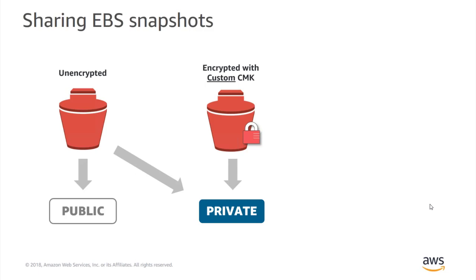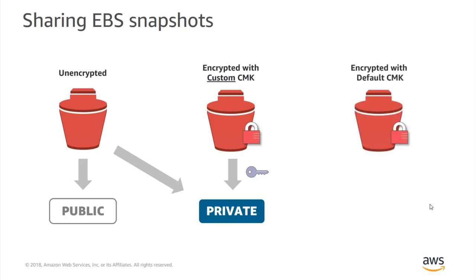But in addition to sharing the snapshot, the key must also be shared. Without access to the key, the snapshot can't be copied or decrypted. If the snapshot was encrypted with the default EBS managed CMK, then it can't be shared at all, since the default key itself can't be shared with other accounts.